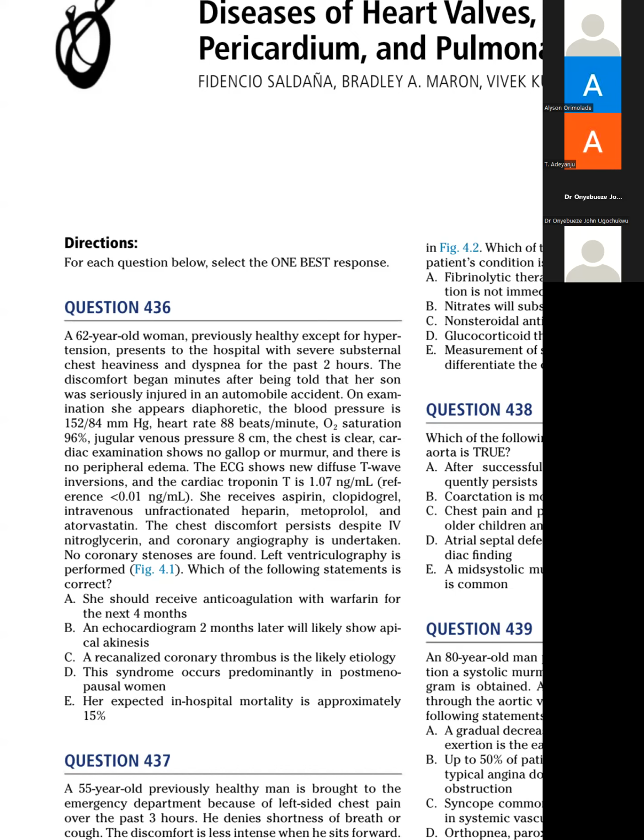You can also have vasospasm, microaneurysms, problems with the microcirculation, and spontaneous coronary artery dissection.